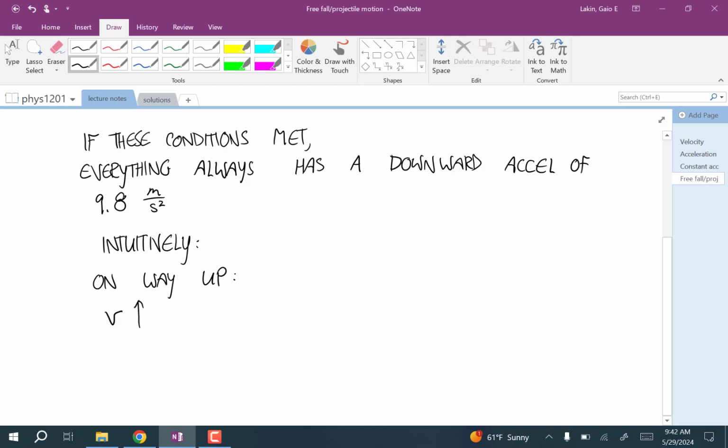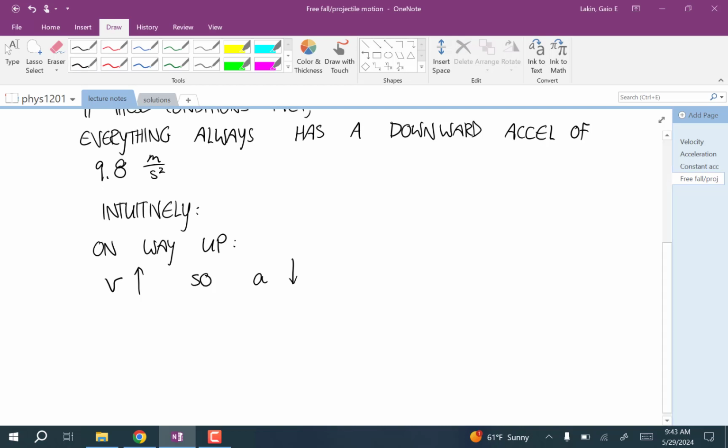I'm going to always consider up to be positive, so we could say it's a positive velocity, but we can also just draw arrows in the direction. So the velocity is up. The thing is slowing down until it reaches its highest point. So what does that tell you about the direction of the acceleration when a thing is on its way up? If something is slowing down, we know that the velocity and acceleration are in opposite directions. So that tells you that the acceleration has to be down when the thing is on the way up.